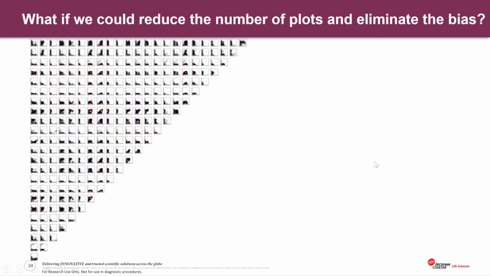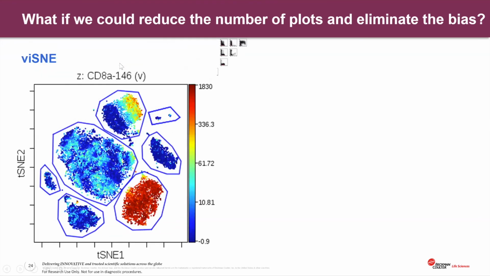So what if we could take all of these biplots in our high dimensional data and reduce it, but still contain the complexity of the data, but eliminate the bias? And what if this reduction looked like this beautiful viSNE plot, that still, as I said, contained the complexity and contained the ability for you to see specifically where each of the antigens of interest were labeled and their expression levels?